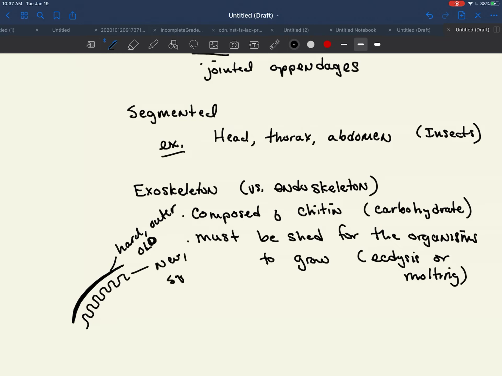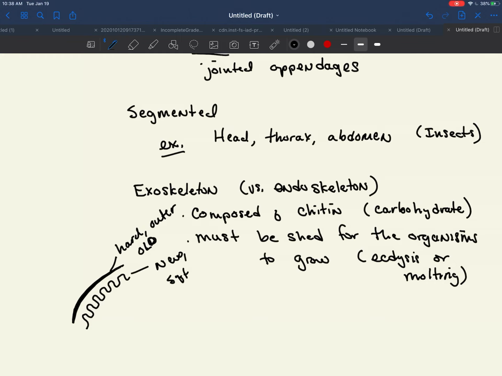So this is new and soft. It is folded up because it's going to be bigger eventually. And so the old one has to break open, and you probably have seen insects like dragonflies extricating themselves from the hard outer exoskeleton. They pull themselves out, and then they are soft. And so that actually makes them pretty vulnerable to predation.